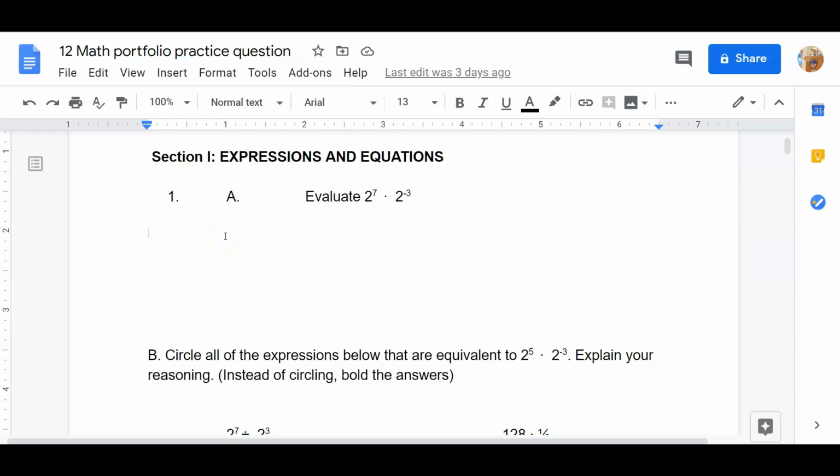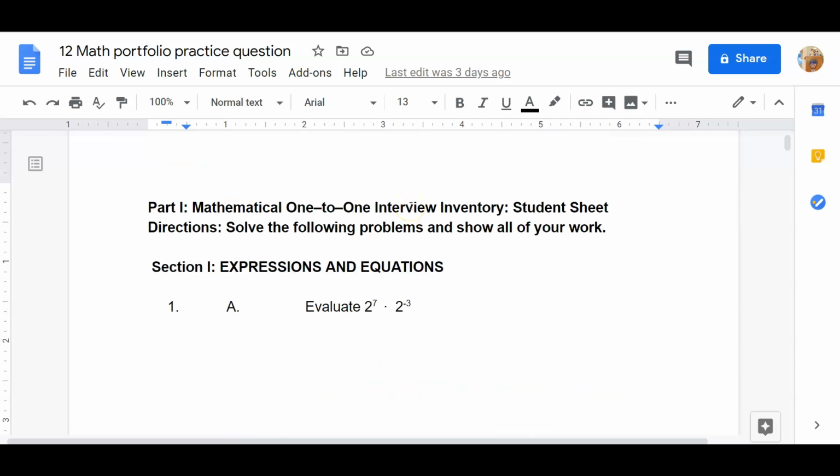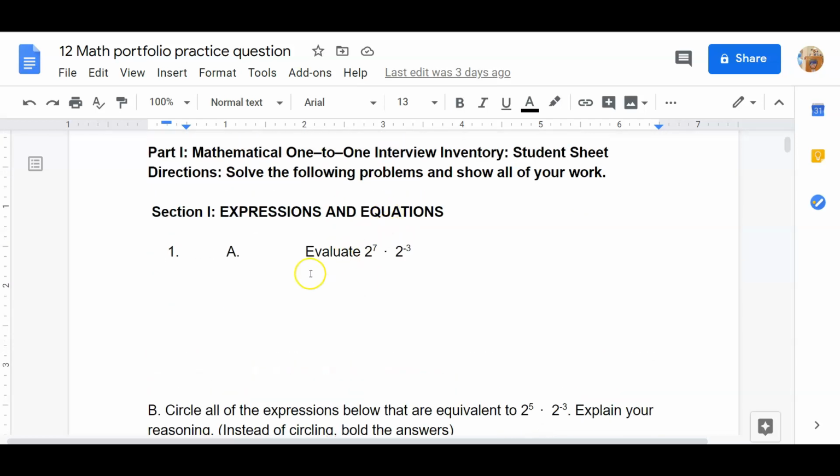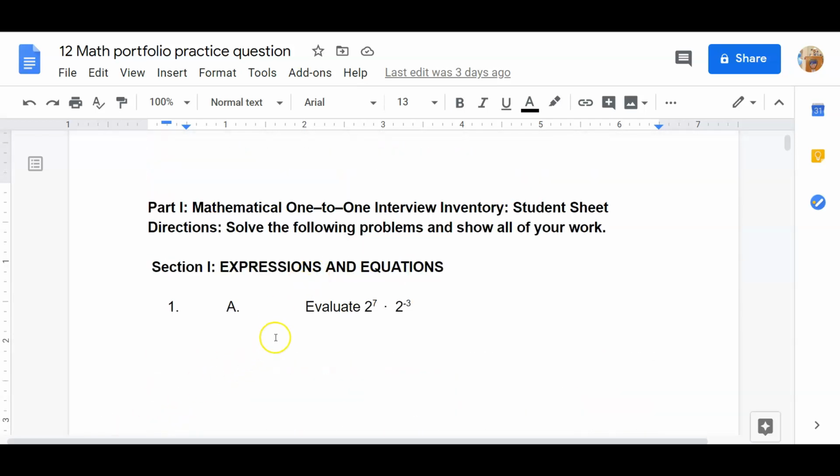So when you have two numbers with exponents multiplying each other, the first thing you need to do is look at the bases. The base is this big number. So in this problem, the base would be 2. Next, after looking at the bases, you need to figure out, are these two numbers the same? Well, yes, they are. 2 and 2 are the same.